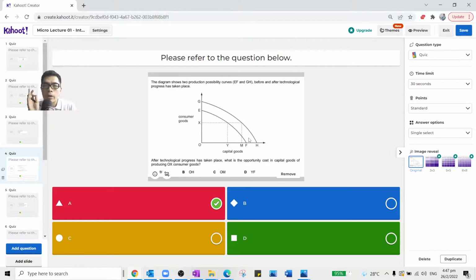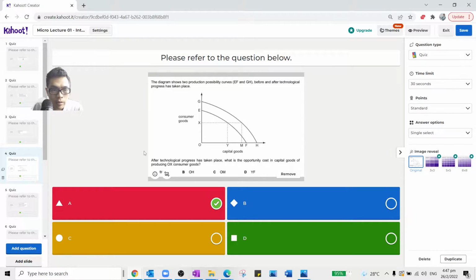If you still recall what I covered last week, the easiest way to look at that is the slope of your PPC. So essentially, in order to produce OX of consumer good, we need to give up MH amount of capital goods. This is one way to look at that.